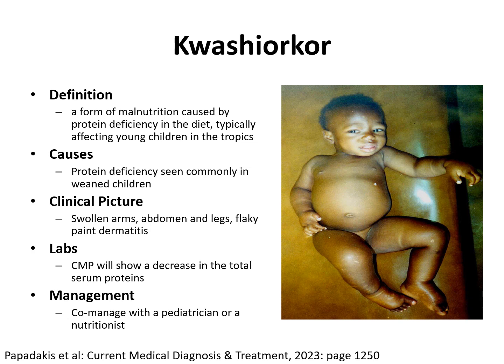So you can add to this here that another manifestation in the comprehensive metabolic panel is a reversal of your normal albumin globulin ratio. Co-manage with a pediatrician or a nutritionist. Any questions?